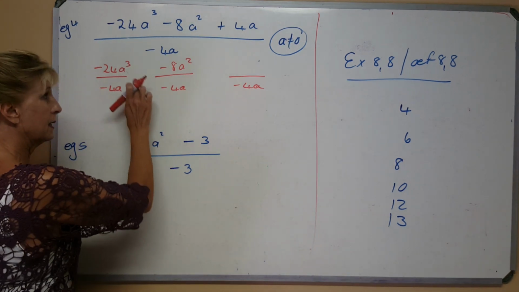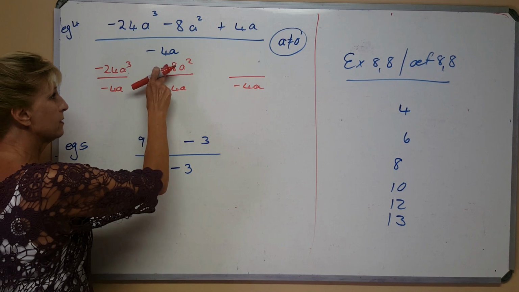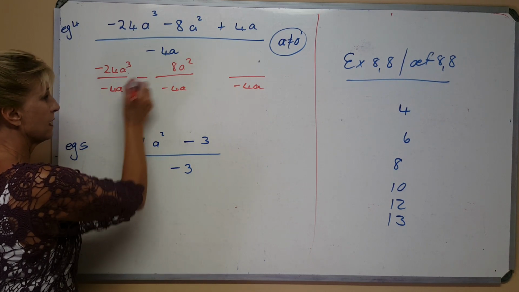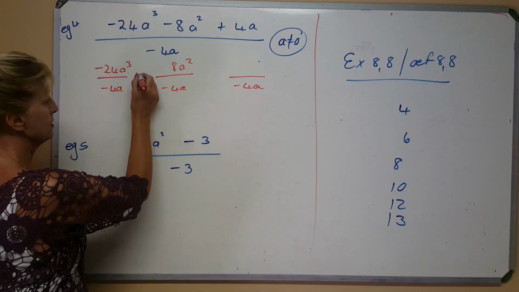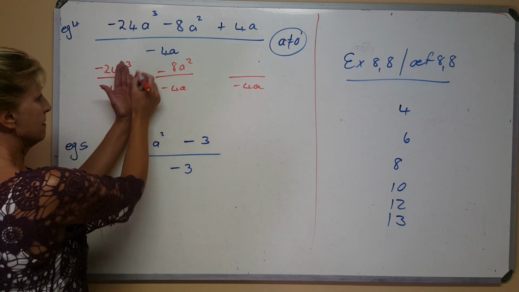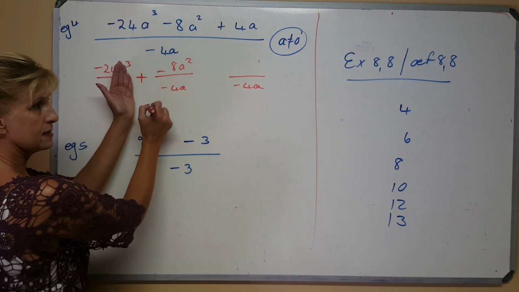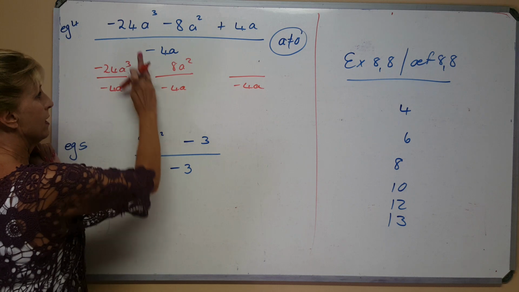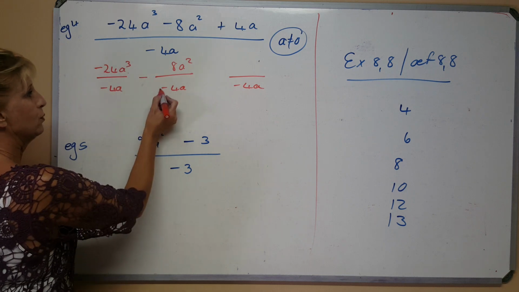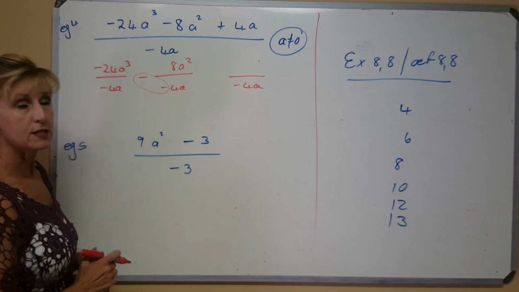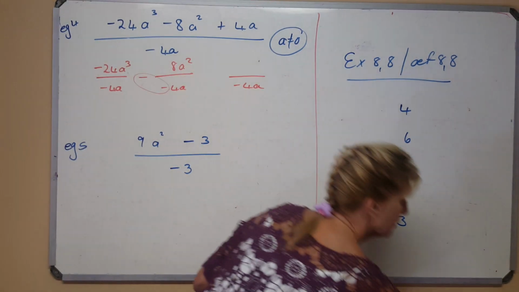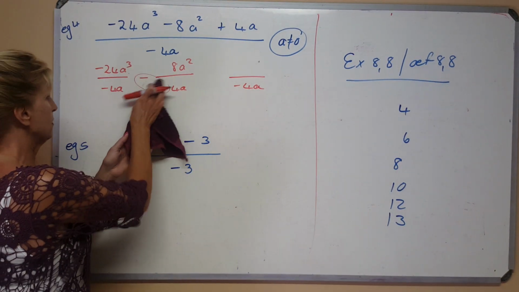Nou jy kan hier 'n plus skryf, of jy kan daai minus net hier gaan skryf. Maar die feit van die saak is, of jy nou geskryf het plus en min, this is all going to give you a plus. And if you decided to write the minus over here, it would still give you a plus. So there's variations, but I know it confuses you terribly.